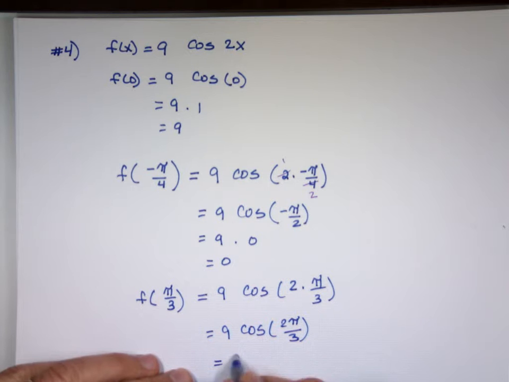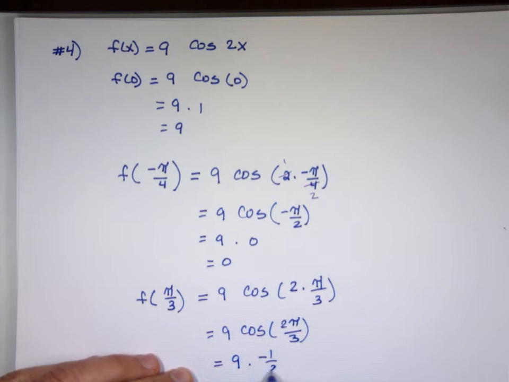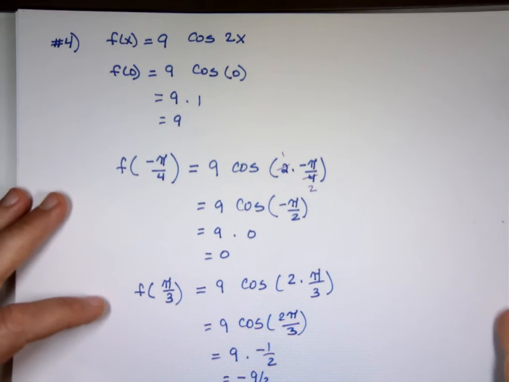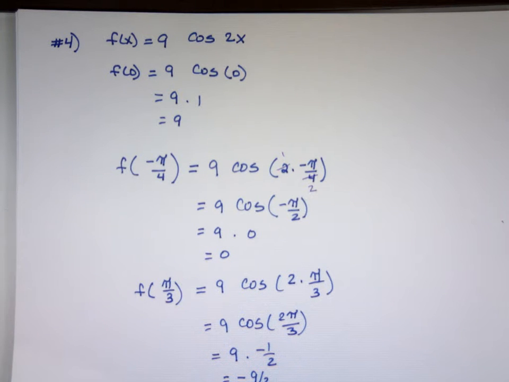So 9 times a negative 1/2, that's negative 9 over 2, or negative 4.5. You can put either one because they're both exact. It allows decimals? Well, it's exact when you divide them. If it was 1/3 and you put 0.33, that's not exact. But negative 9 over 2 is the same as negative 4.5 on the money, it will take either one.